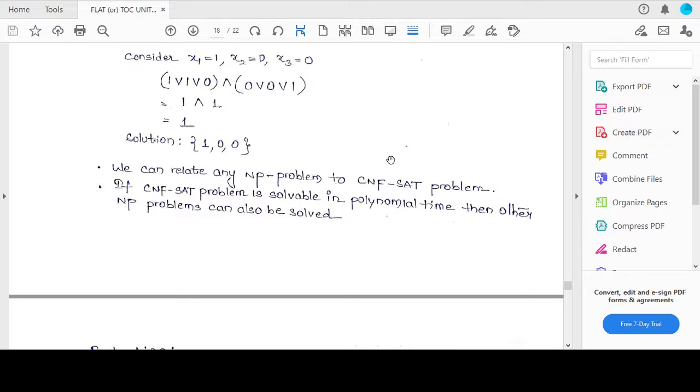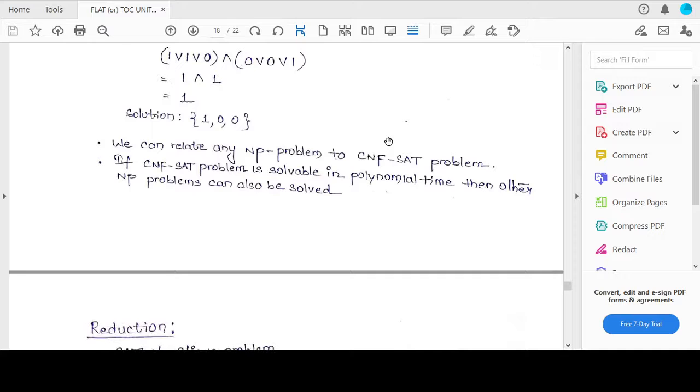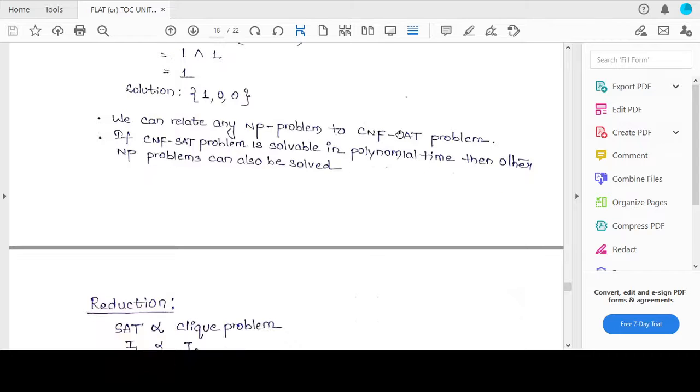So whenever we relate one NP problem with another NP hard problem, we call this property reducibility. Okay, so this reducibility property is applied to solve the NP hard problems. Okay, so if the CNF satisfiability problem is solvable in polynomial time, then another NP problem can also be solved in polynomial time.